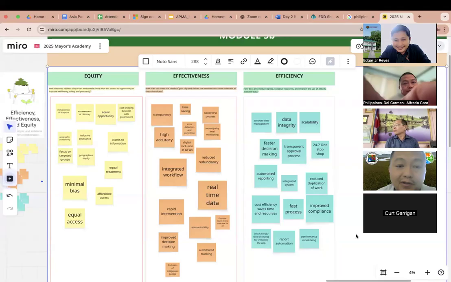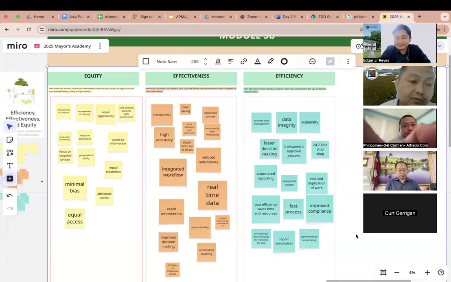I'm sharing about the super application we are trying to invest in, and actually it's already ongoing. It's a service delivery with 24 by 7 availability and accessibility.